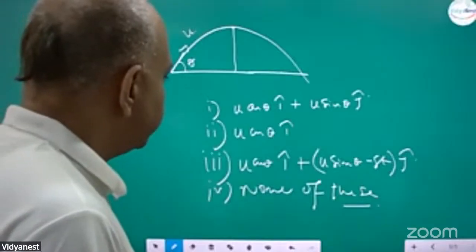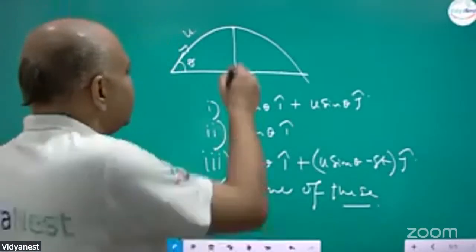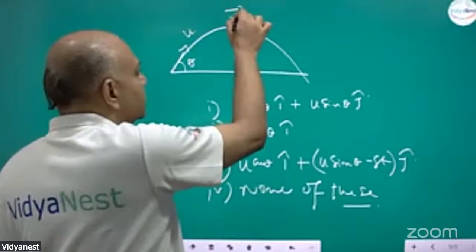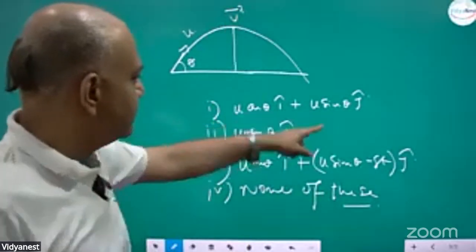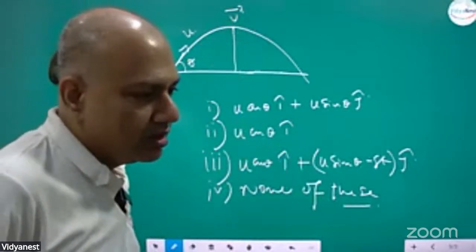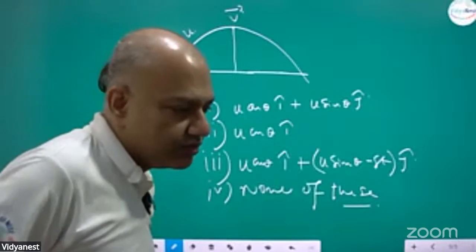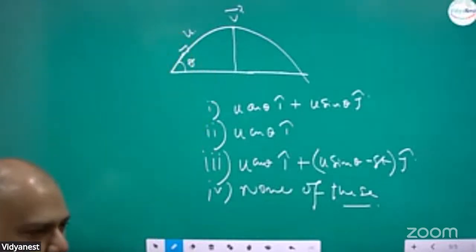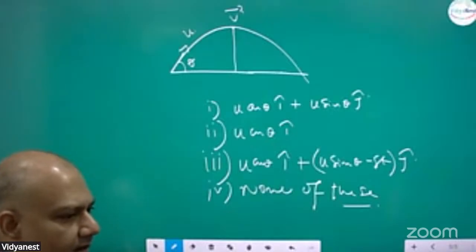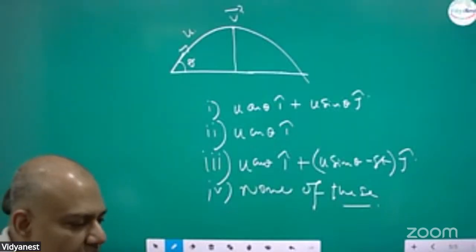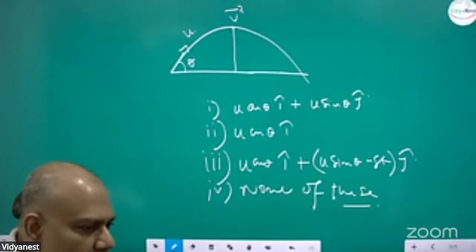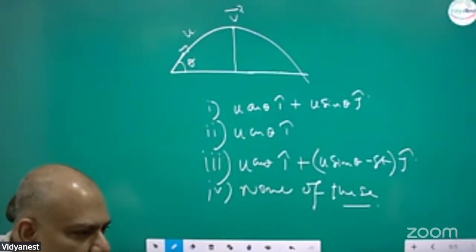What should be the option? The expression of the velocity v. Which one is the option? Option 3: if we take the formula, then it should be u cos theta i cap plus u sin theta minus gt j cap.